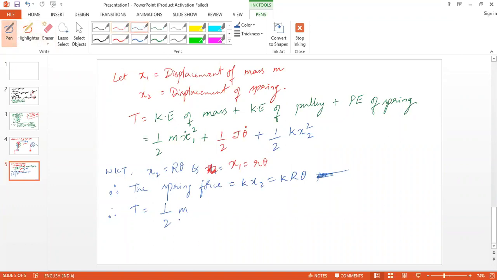Okay, now half m r square theta dot square plus half J theta dot square plus half k in place of x2, R theta, so it is R square theta square.